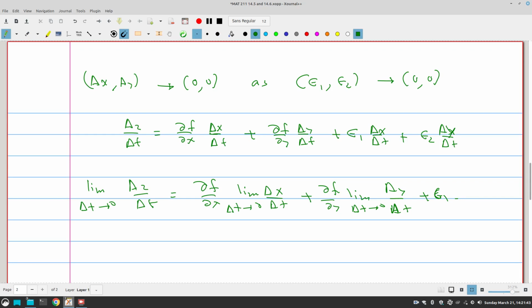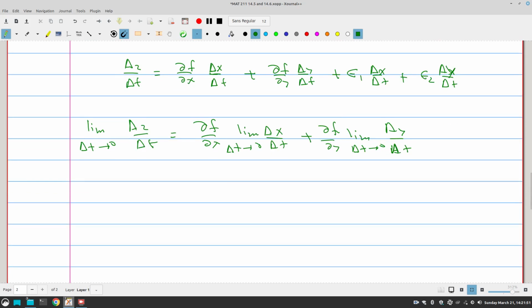Okay, so since epsilon 1 and epsilon 2 are functions of x and y, we can write these as products of limits, right?